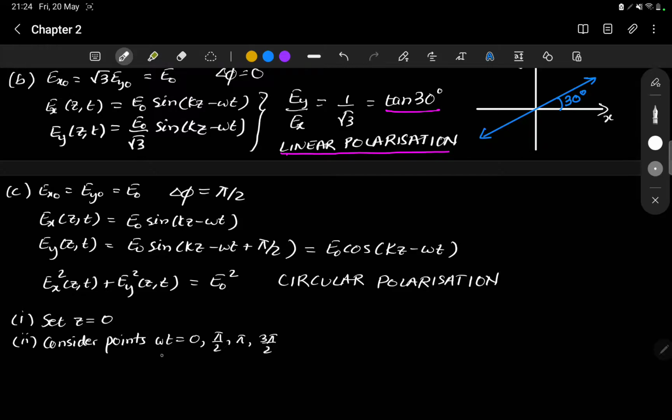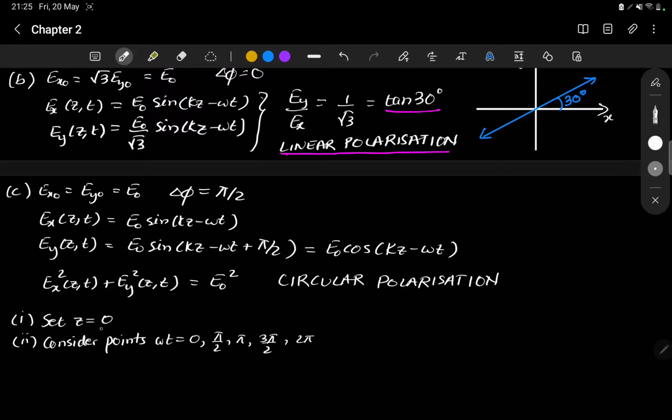So when you consider these points, from 0 to pi by 2, which direction the electric field takes, you will come to know whether it is right-handed or left-handed. So these few checkpoints one can consider in which direction the field goes from 0 to 2 pi. So 2 pi will be equivalent to 0. So we just need to see which direction it follows.